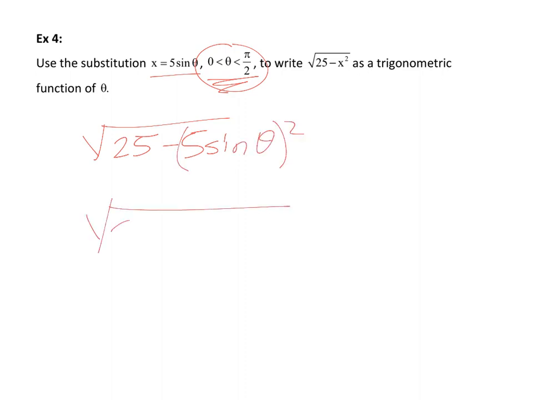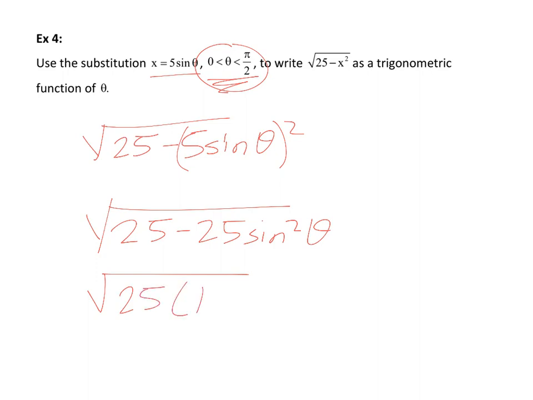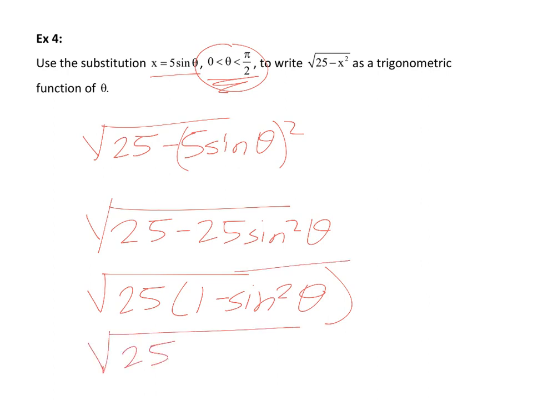So I get 25 minus 25 sine squared theta. Okay, and then what can I do now? You could factor. All right, and then now something else should stand out. 25 times, applying the Pythagorean identity, we have cosine squared theta.